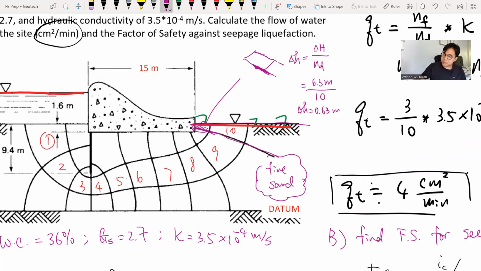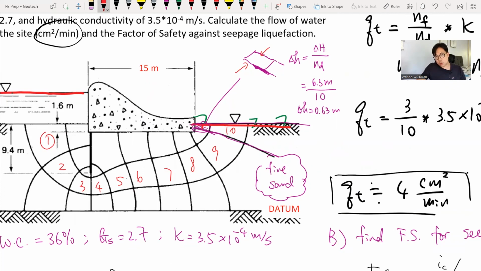And in order to find the gradient, again, we want to find the exit gradient. So we want to know the head drop across the distance that it traveled, which is this distance here. This distance here, from the flow net, we can measure it.